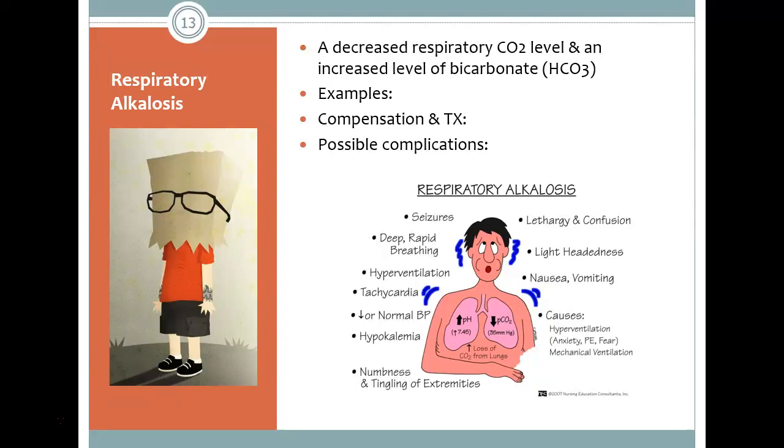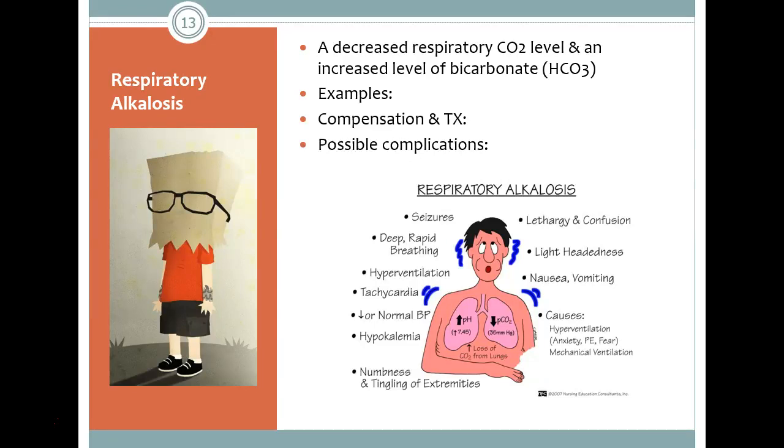Literally, you're breathing and not a quality breathing. It's a deep, rapid breathing that will cause you to lose more CO2 than you are taking in, and so you're increasing the amount of bicarb that's in the system versus decreasing the amount of carbon dioxide.